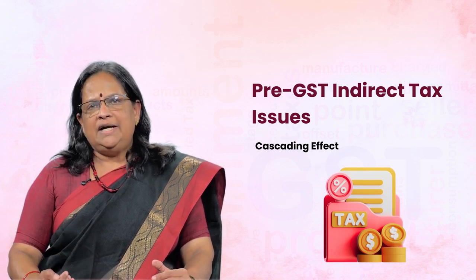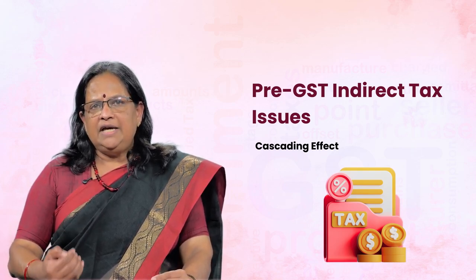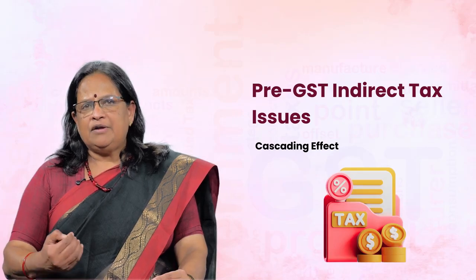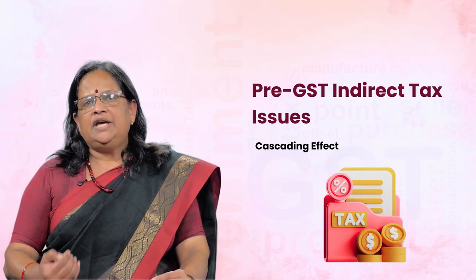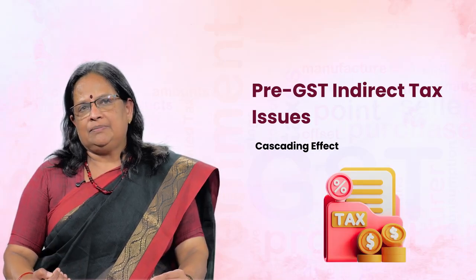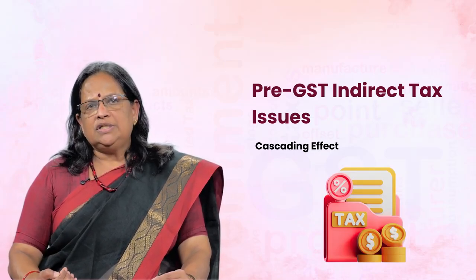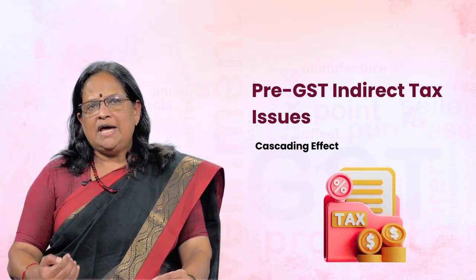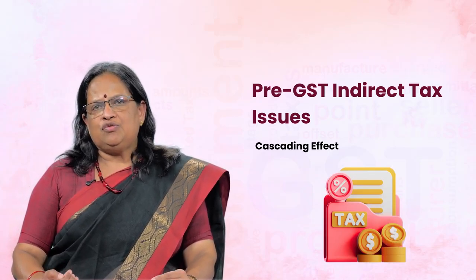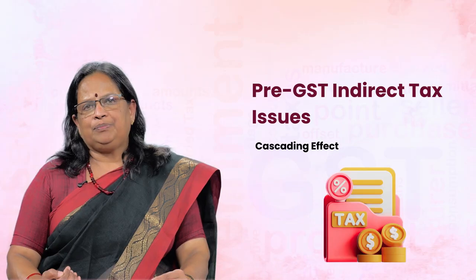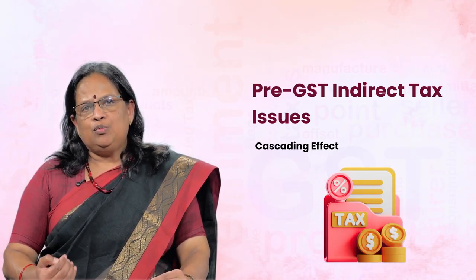First is the cascading effect. The cascading effect of indirect taxes refers to the tax on tax burden that existed in the pre-GST tax system. It occurred because input tax credit or ITC was not available across different stages of production and distribution. How did the cascading effect work?